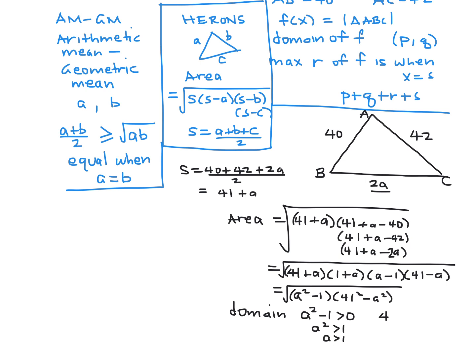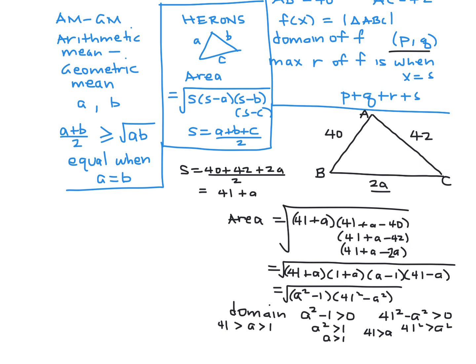And then also 41 squared minus A squared has to be greater than 0. So that means 41 squared is greater than A squared, so that means 41 is greater than A. So if we combine these two, A has got to be greater than 1 and less than 41. So that is my domain.